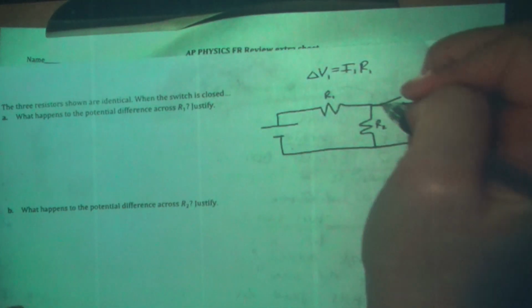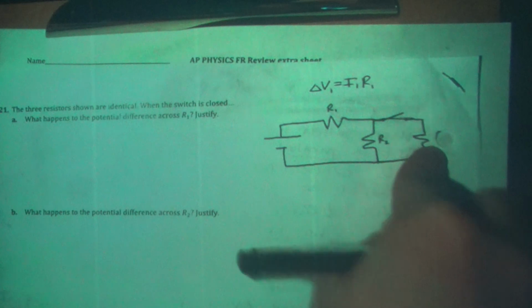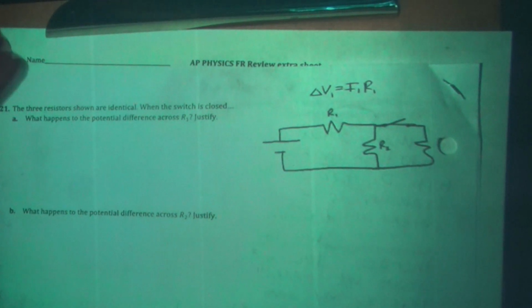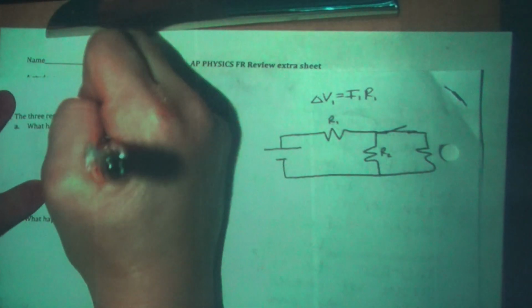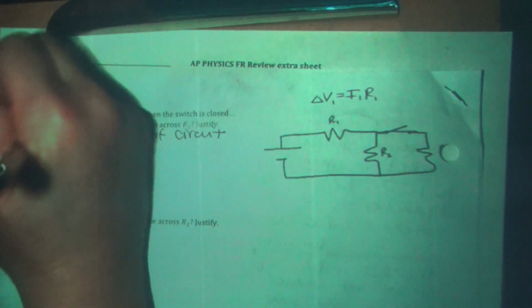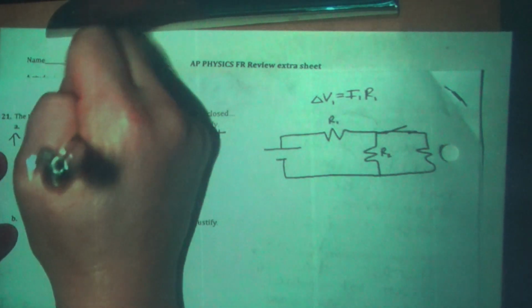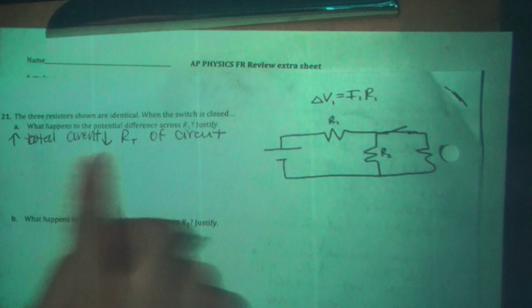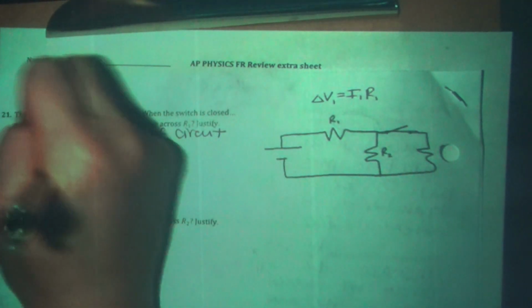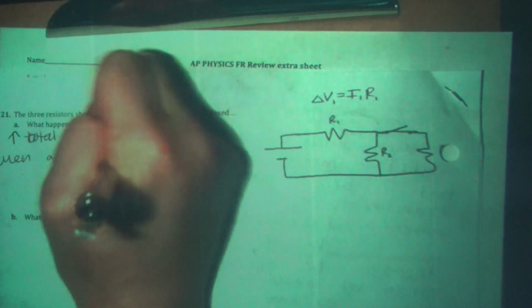When I add in this second resistor in parallel, I'm decreasing R total, the equivalent resistance of the circuit. So that's going to increase the total current, because you decrease R total of the circuit when you add resistors in parallel.